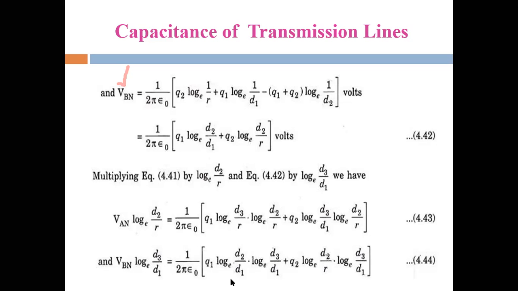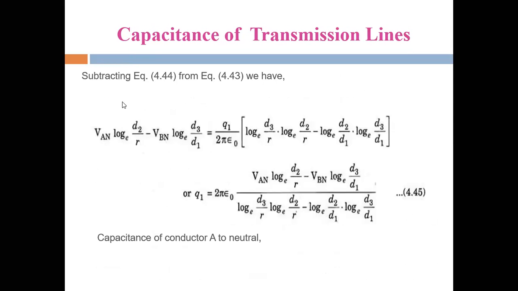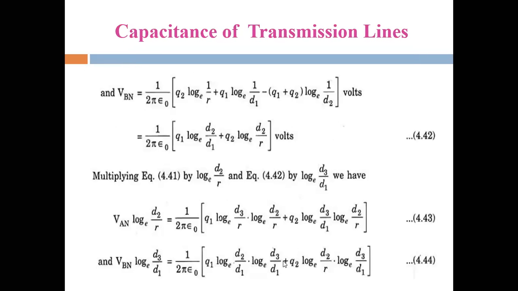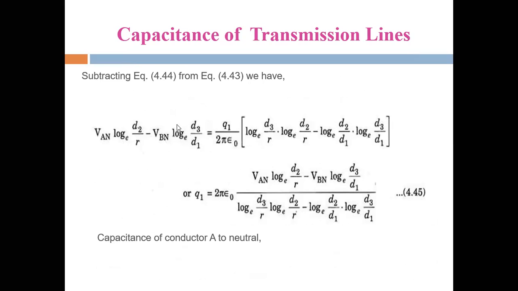Okay, then subtract equation number 4.44, that means VBN log E D3 by D1 from VAN log E D2 by R. Then we obtain VAN log E D2 by R minus VBN log E D3 by D1.